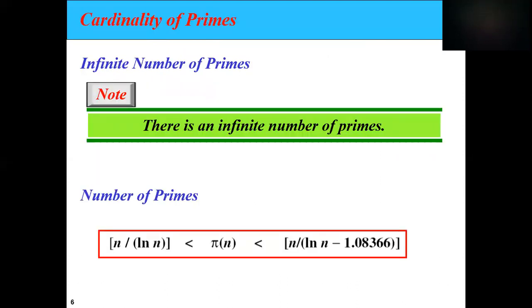What is the cardinality of primes? How many prime numbers are there? There are infinitely many prime numbers, so the cardinality of primes is infinite. There are lower and upper bounds on the number of primes.